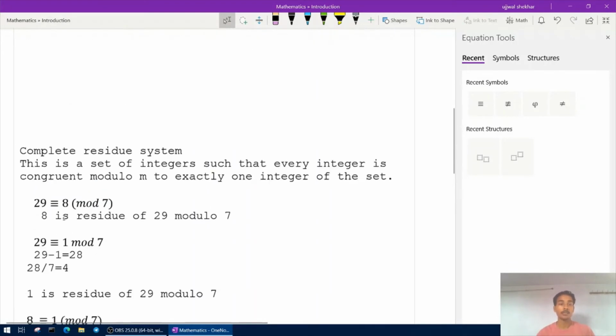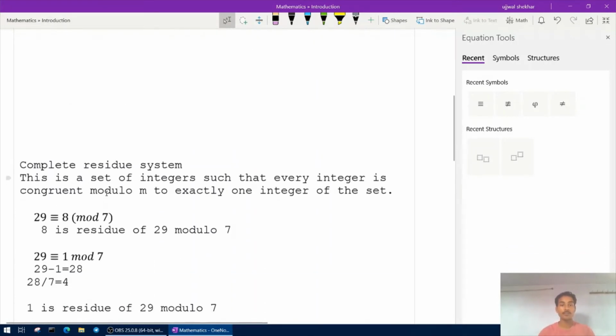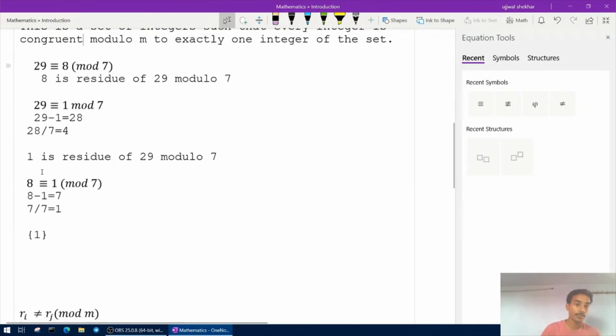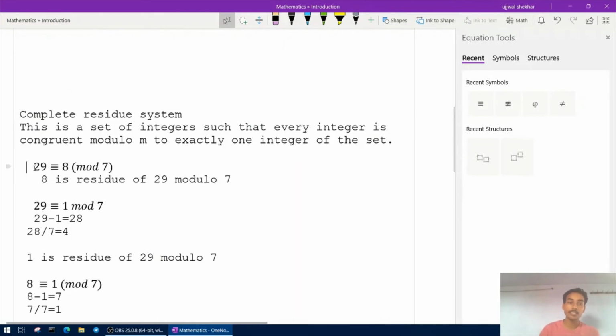By definition, it is a set of integers such that every integer is congruent modulo m to exactly one integer of the set. What it says is that in a complete residue system, all the integers should be congruent modulo m to exactly one integer. Here I have one integer, 29.